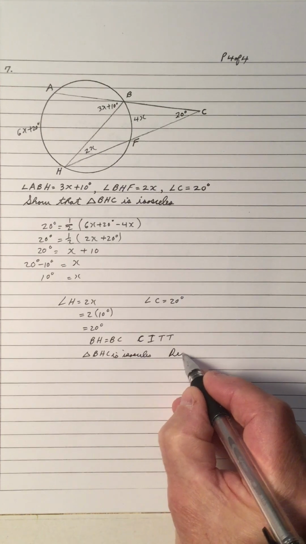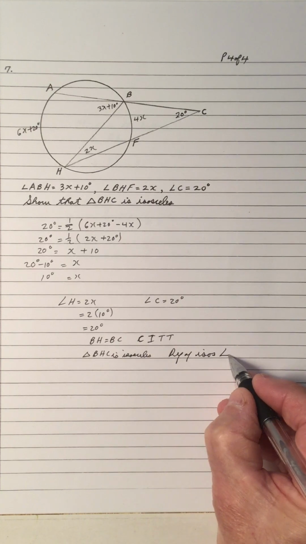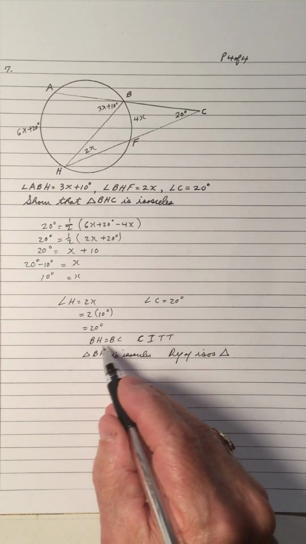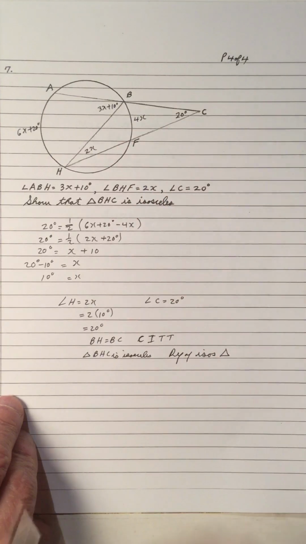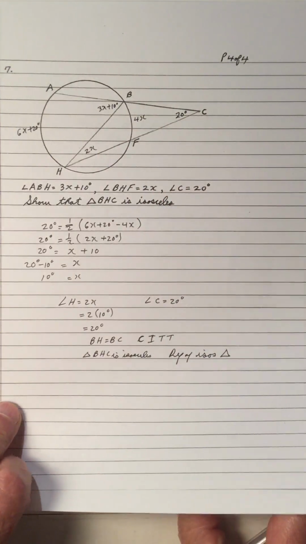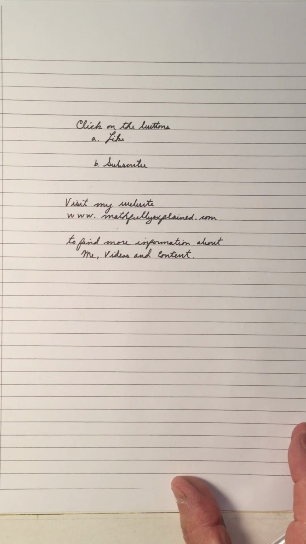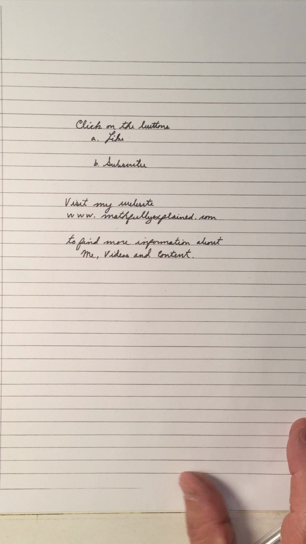And the reason is the definition of an isosceles triangle, because we proved two sides are equal. Again, with two secants intersecting, the angle formed by the secants outside is half the difference of the larger arc minus the smaller arc.